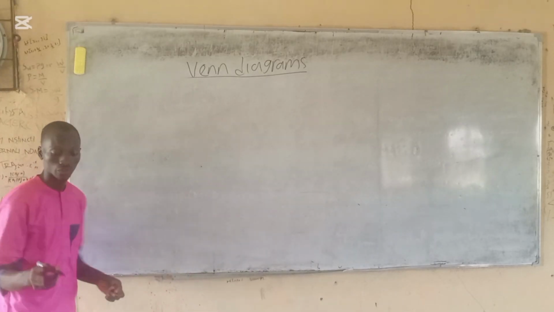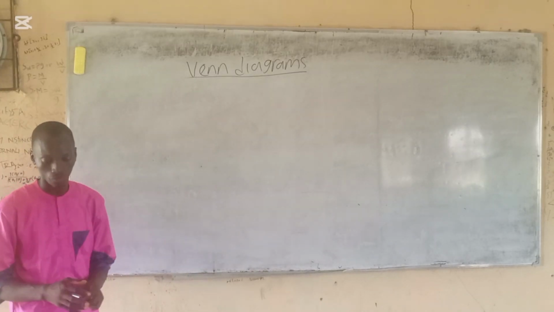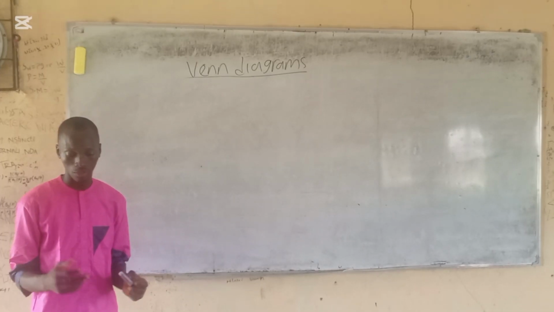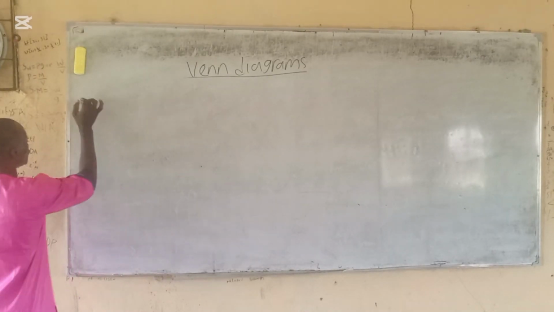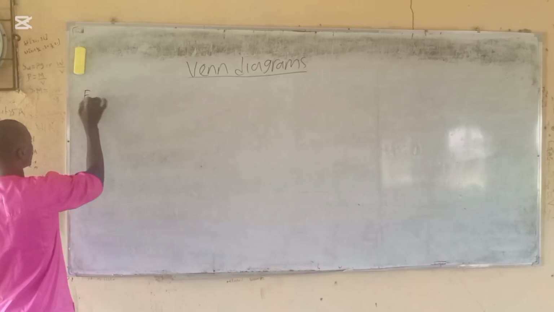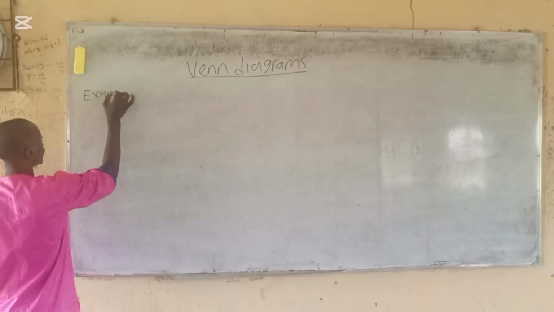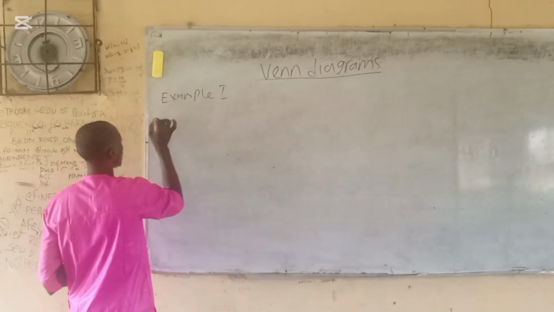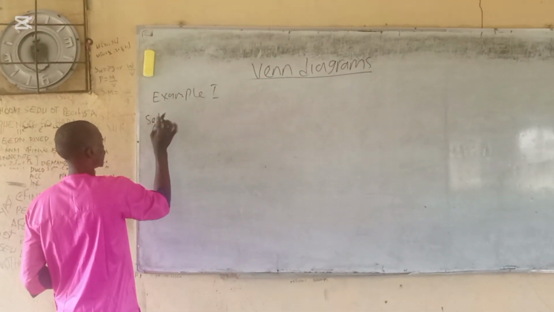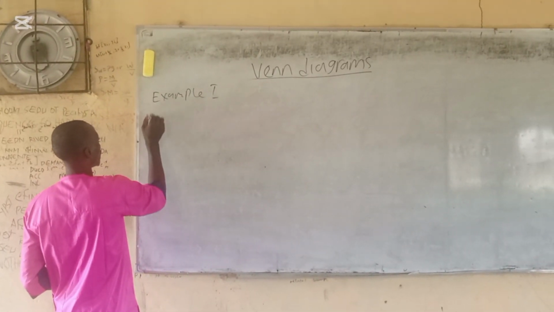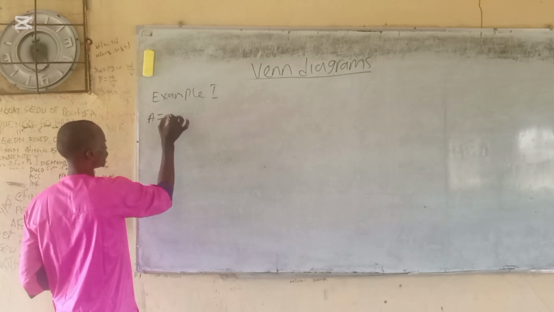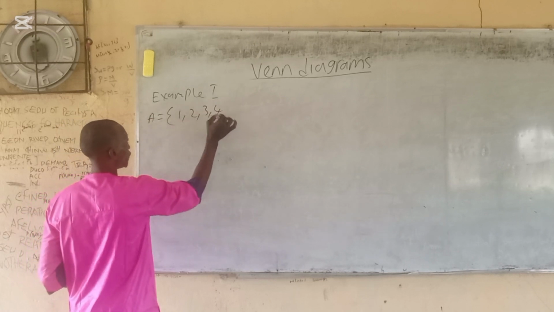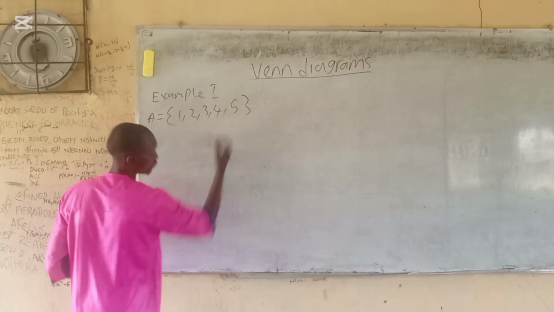First of all, I will do a little example from our textbook. Example 1. Set A is equal to 1, 2, 3, 4, and 5.